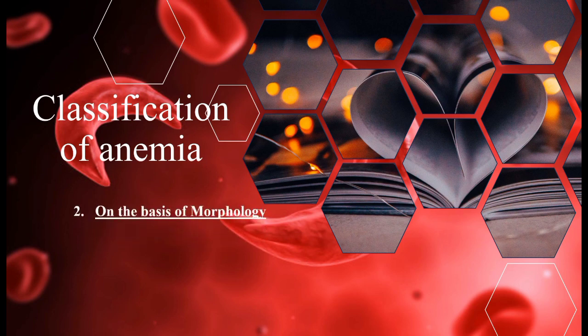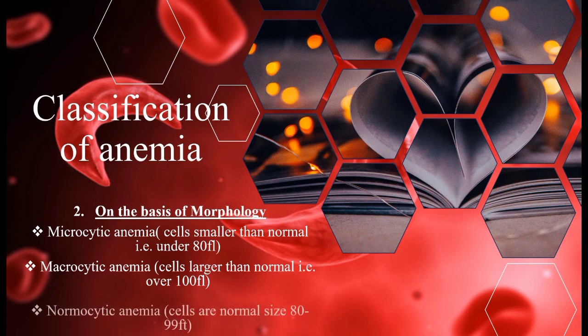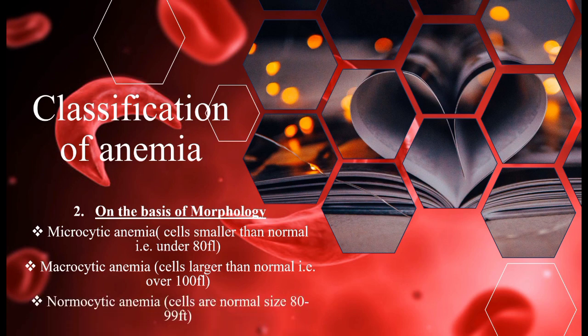The second basis, we can classify anemia on the basis of morphology, and here we have what we call microcytic anemia, whereby the cells are smaller than normal, below 80 femtoliters. It could be macrocytic anemia, where the cells are larger than normal, i.e. over 100 femtoliters.